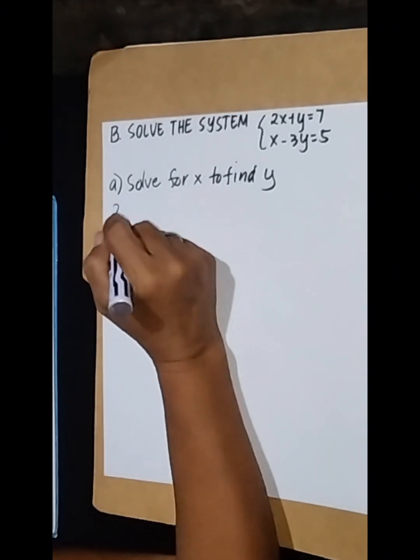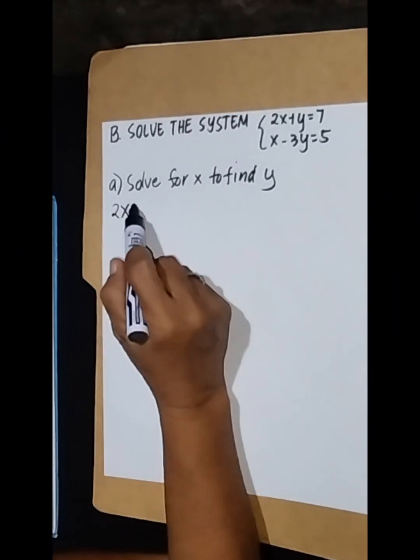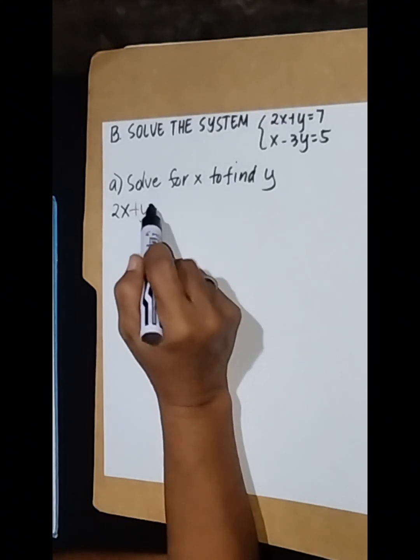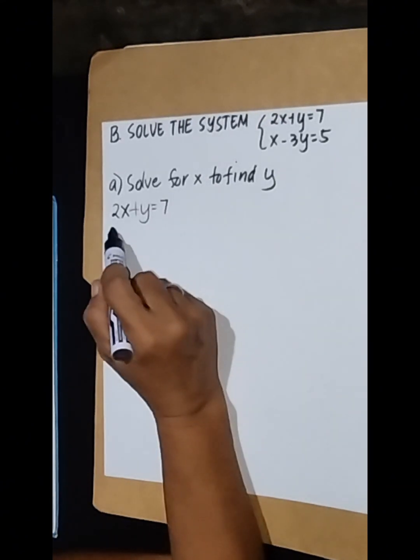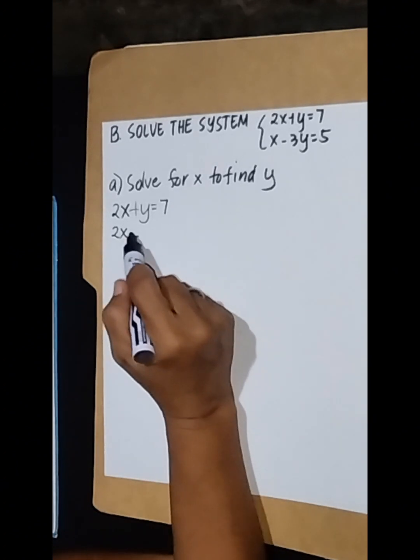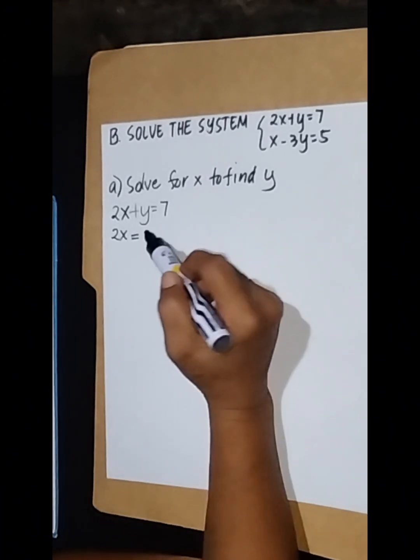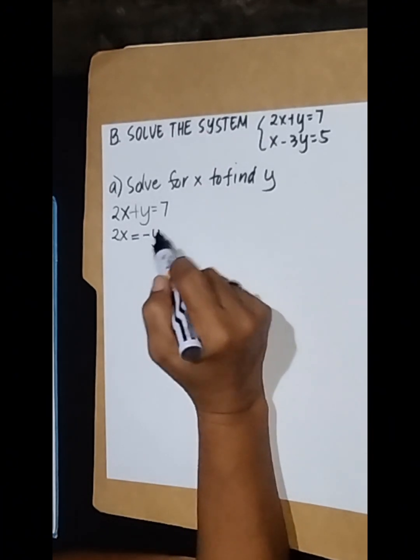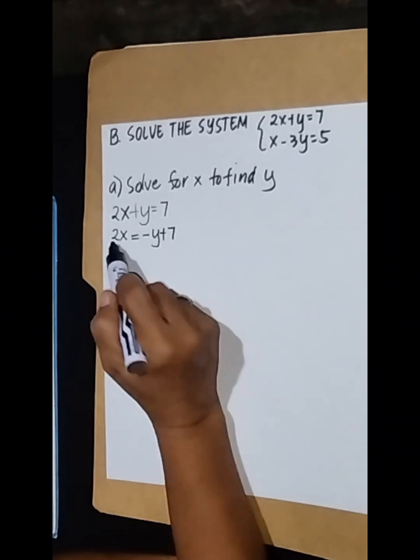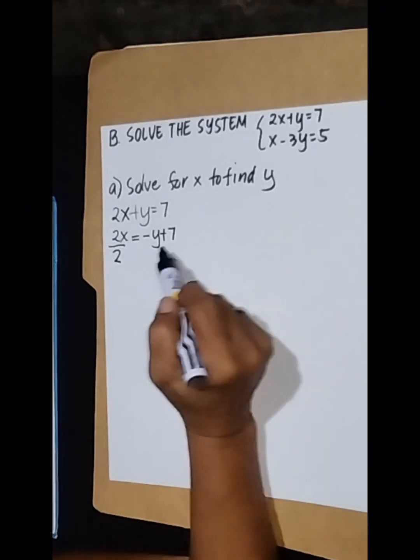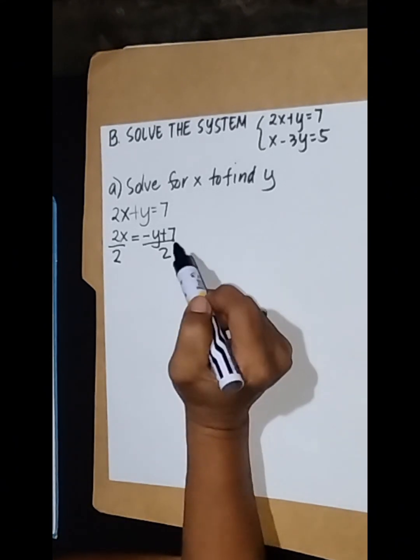So our first equation is 2x plus y is equal to 7. So 2x, solve for x. So positive po ang y, so magiging negative na po siya. Plus 7. Divide both sides by 2.